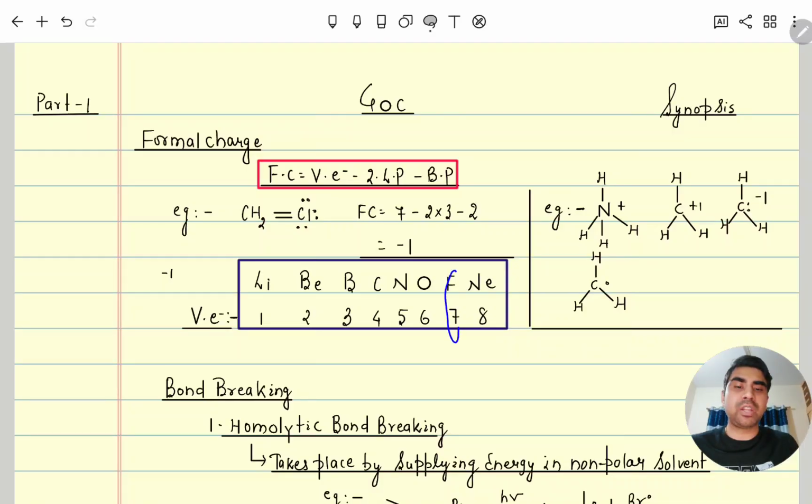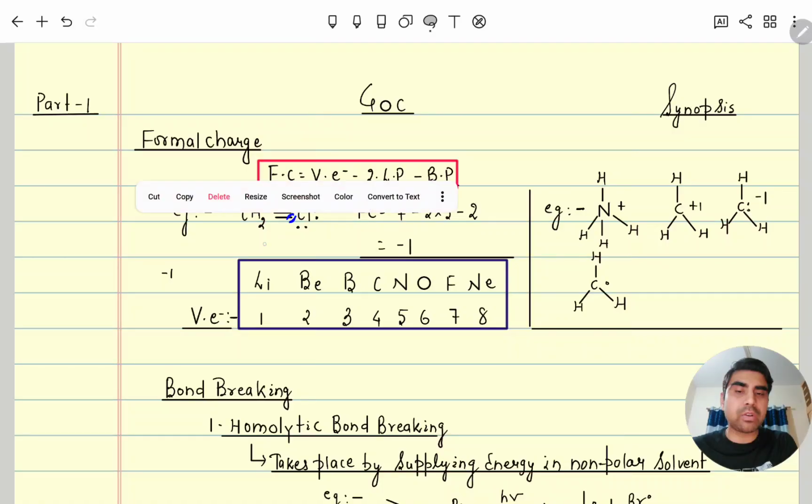Here the halogen has valence electron 7. Now we count how many electrons it has in total: 2, 4, 6, and it has mutually shared 2 electrons, meaning in one bond 1 electron is its own.